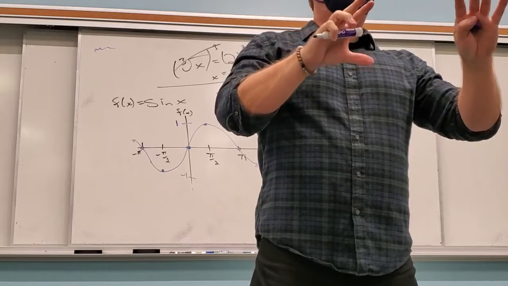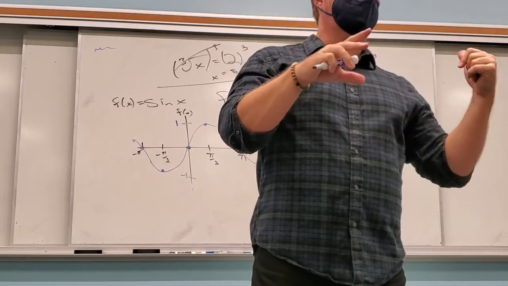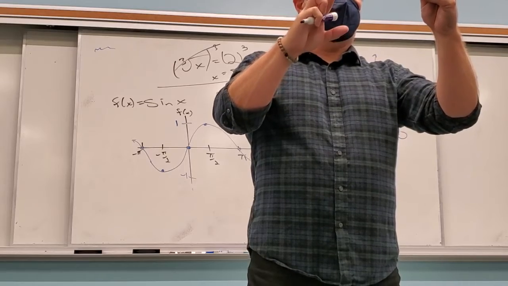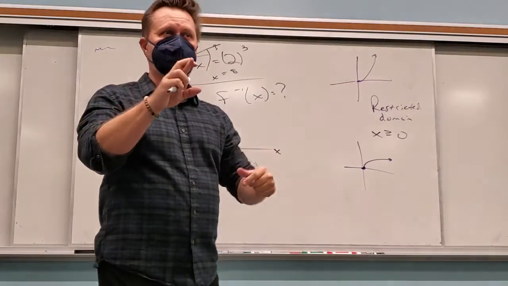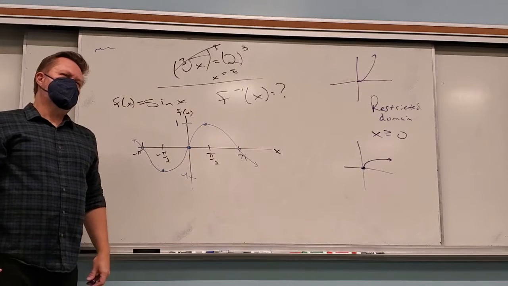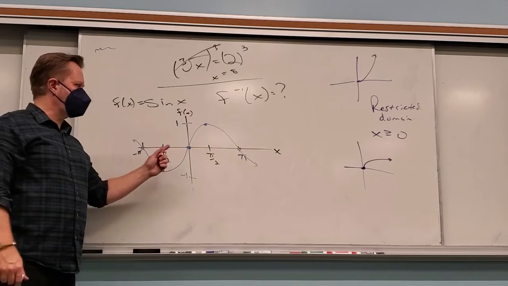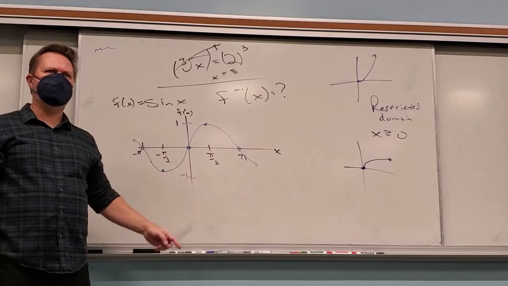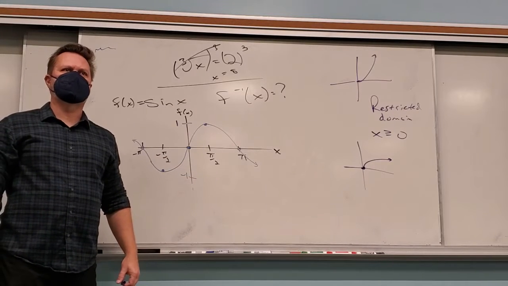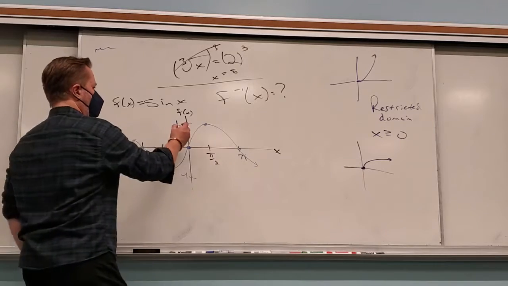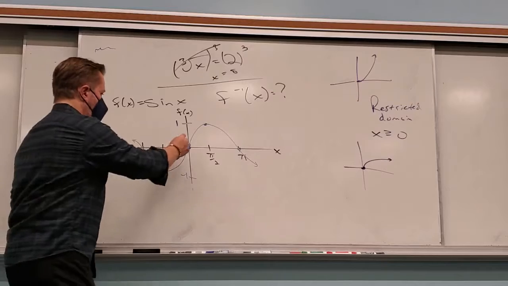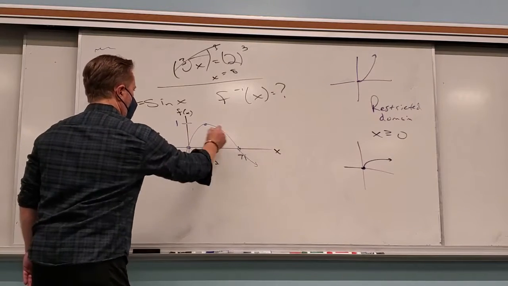So we have done this before, what we're about to do. We have restricted the domain. So, does anyone have a suggestion on how to restrict this guy's domain so that it's actually invertible, so that it passes the horizontal line test? You can see the problem, like right here, this hump. That's a problem, because it definitely doesn't pass the horizontal line test.